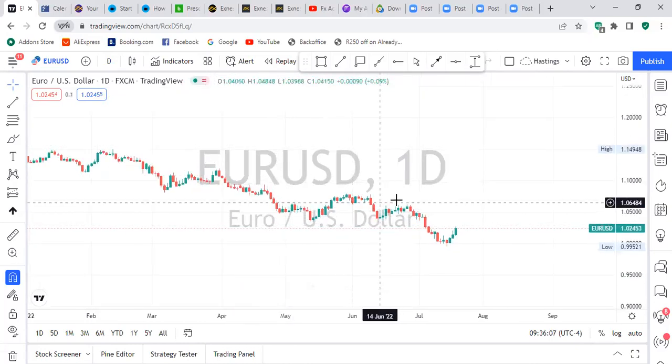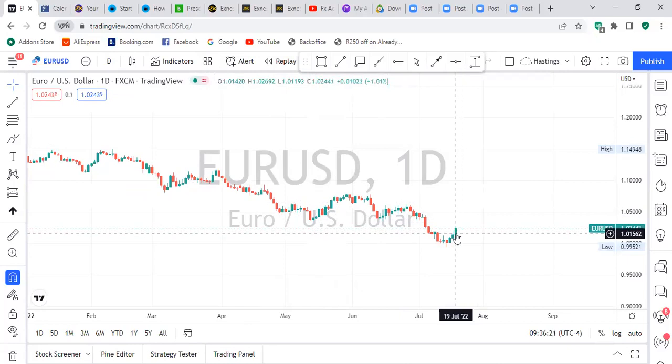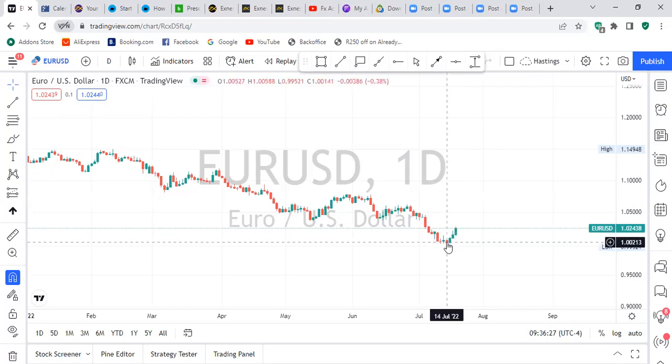These candles that you see here are called candlesticks. This is where all the data is. We have different types of candlesticks. When it is green like this, it means the candlestick is bullish. When it is red like this, it means the candlestick is bearish.